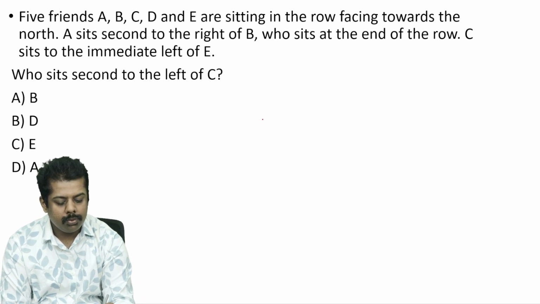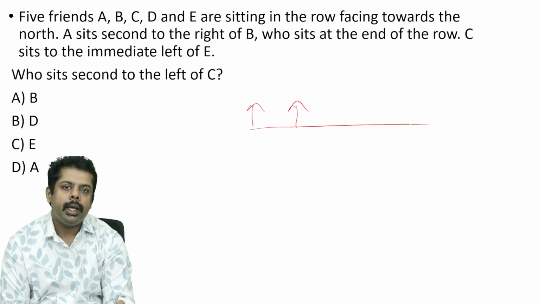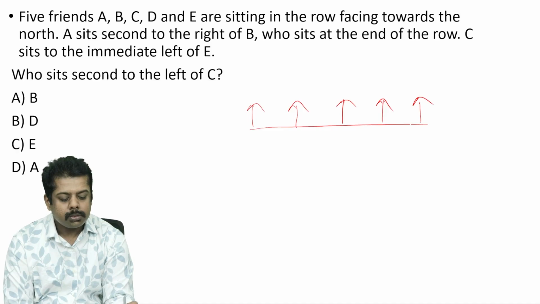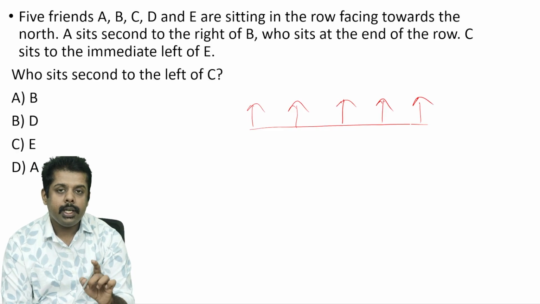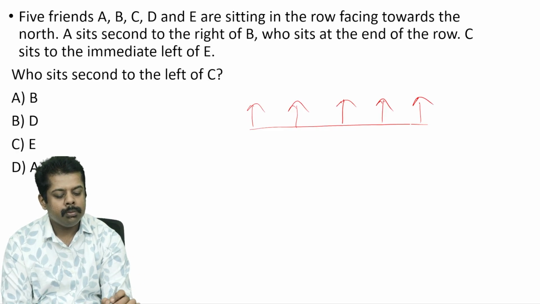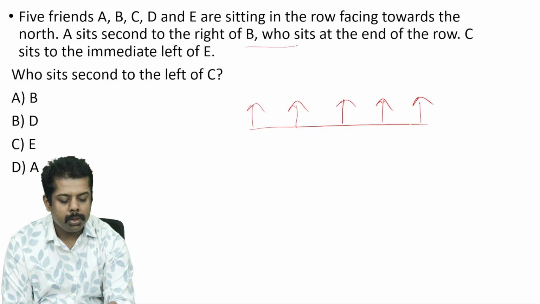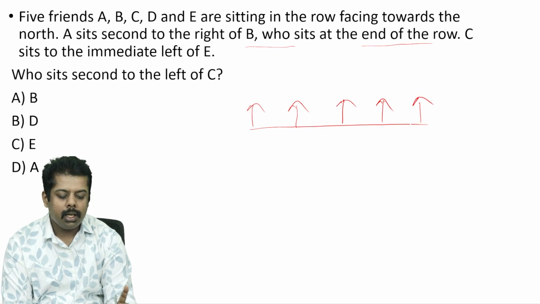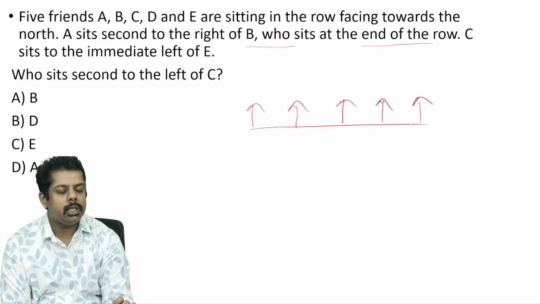So here we have only 5 people, so we can just try to fix it. First, like the other sets, we can draw a basic diagram here. The first point says that A sits second to the right of B, and B sits at the end of the row.